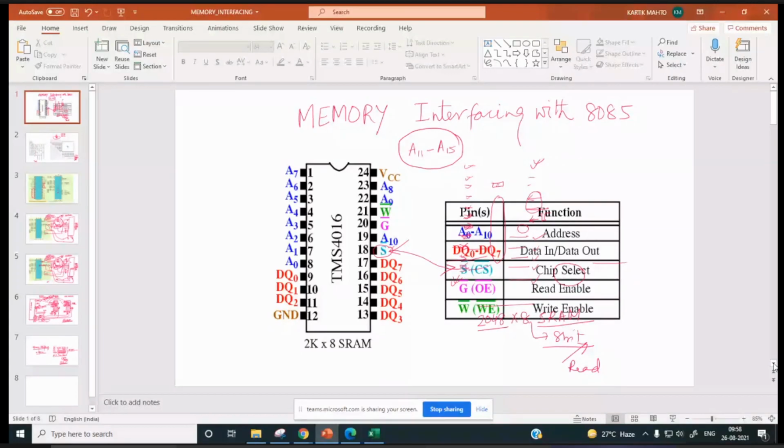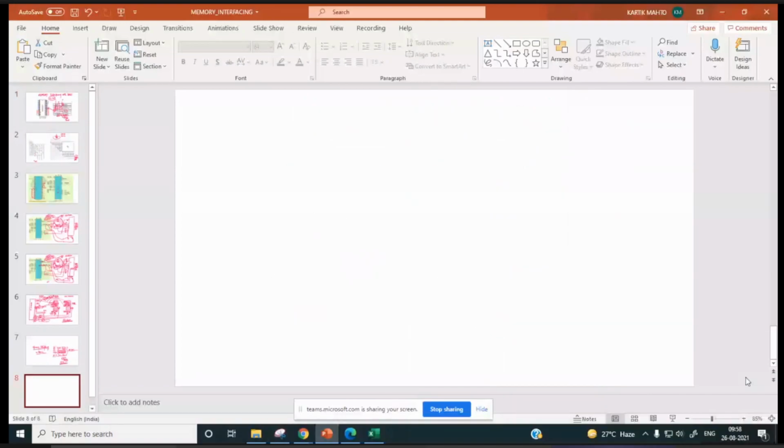Now I am coming to the next slide. Now I will do the proper interfacing of 8085 with a memory chip.